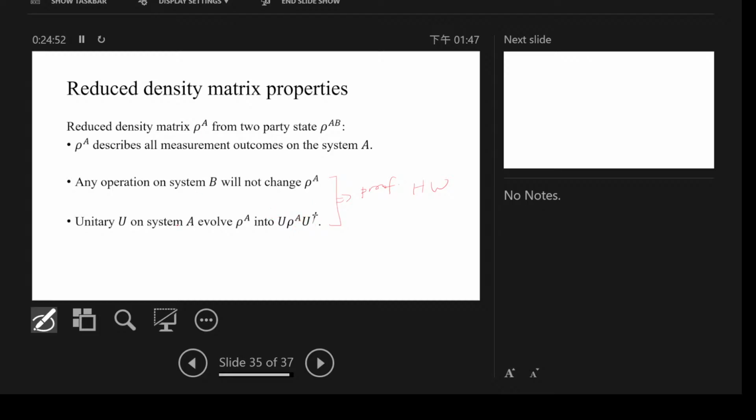So basically you do U tensor identity on rho AB.